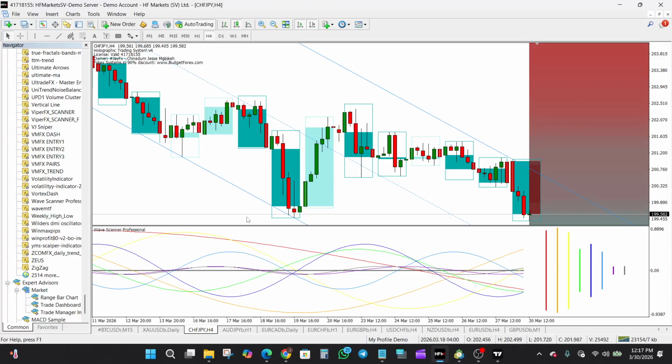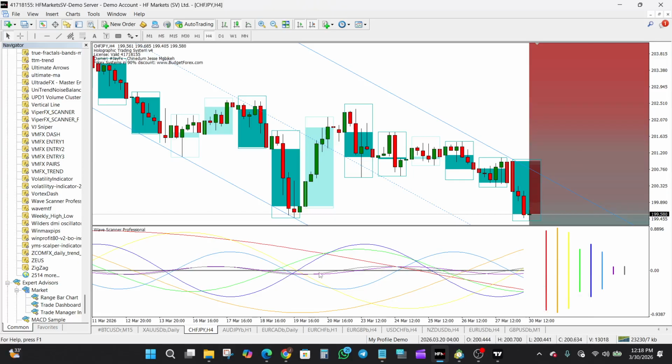As you can see on the chart, the wave scanner professional is being displayed in a separate indicator window, and it consists of all these wave-like lines, all these wavy lines. And then you can also see this vertical line section that is tending towards the future price activity.